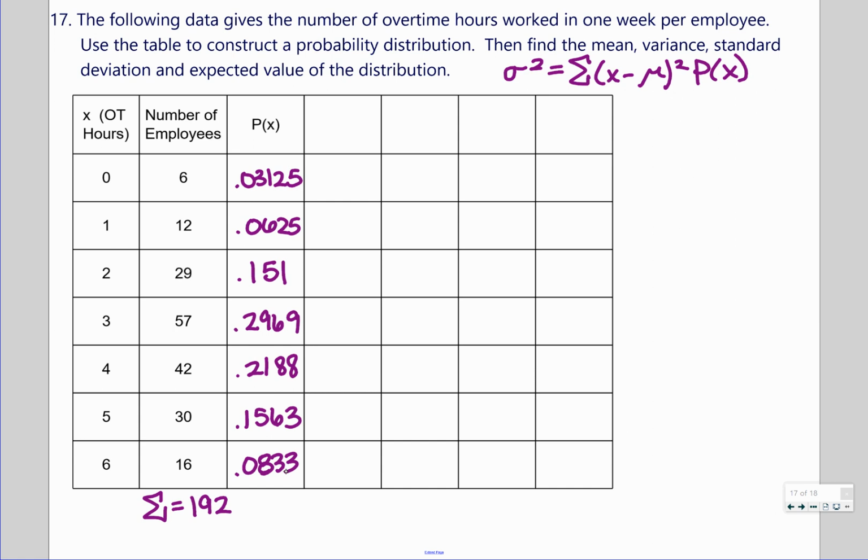And if you want to check at the bottom, I rounded a little bit, but the sum of all those probabilities should equal 1 or be really, really close to 1.